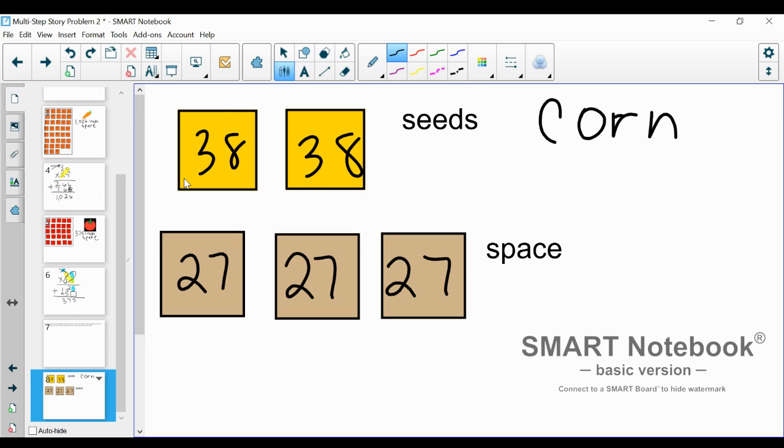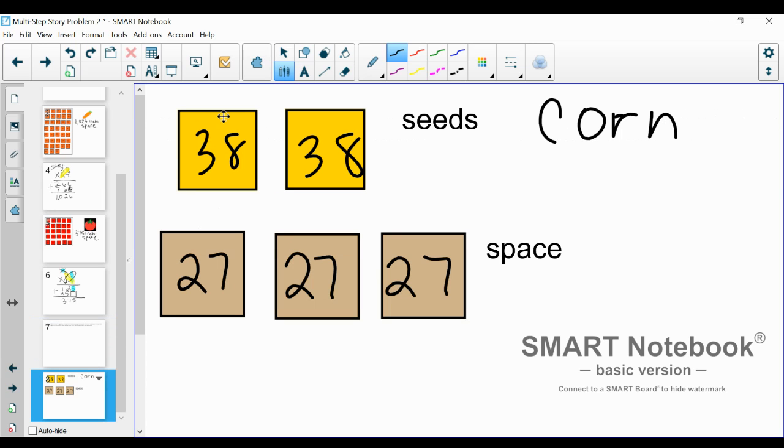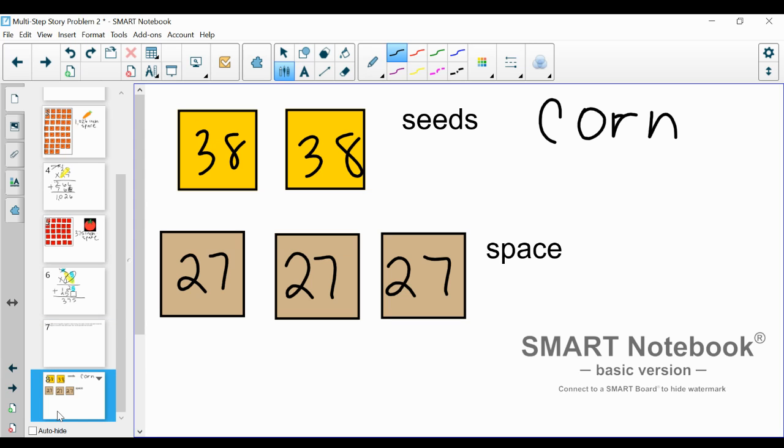Because he needed 2 times as many seeds as the carrots and 3 times as much space as the carrots. So these are the numbers we had for the carrots, and this is 2 times because he said 2 times as many. So I wrote down the amount of seeds 2 times, and then he says 3 times the amount of space. So I wrote the amount of space down for the carrots 3 times.